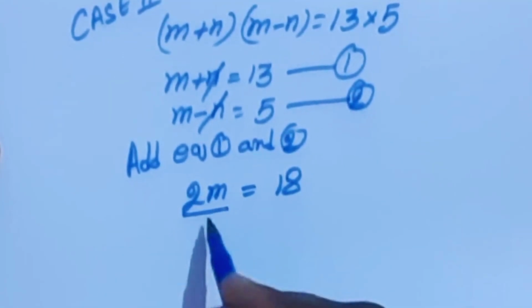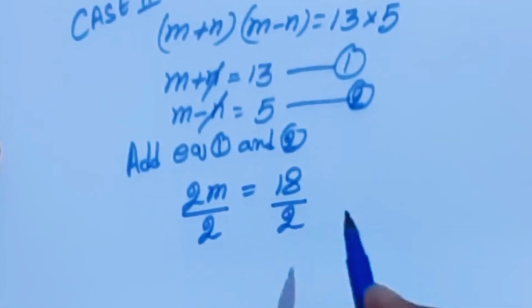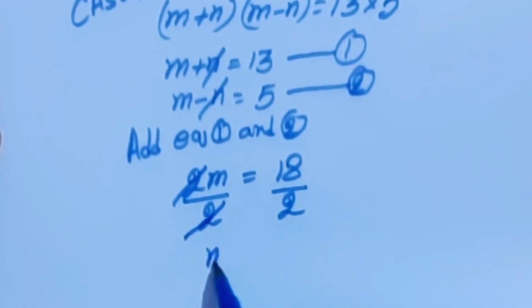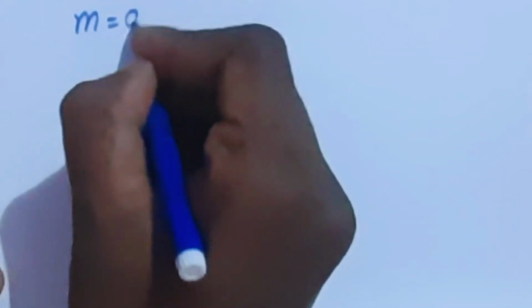Now we are going to divide by 2 on both sides. This 2 cancels this. We have m equal to 18 by 2. Now simplify here, we'll get 9. m equal to 9.